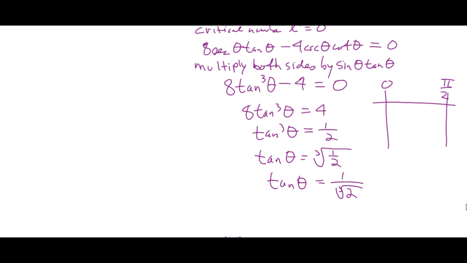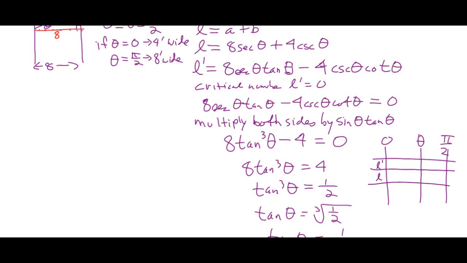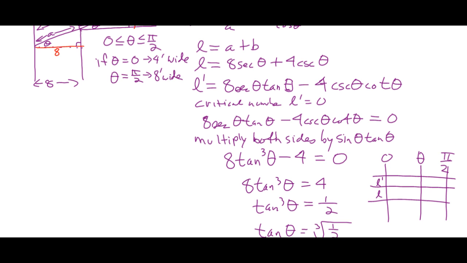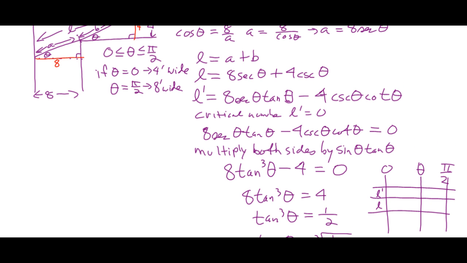All right, so somewhere in between 0 and pi over 2 lies our theta, which is the inverse tan of 1 over, so we don't know what theta is, right? But we do know it's between 0 and pi over 2. So what we need to do is figure out what L is doing. If theta is really close to 0, then will this be positive or negative?